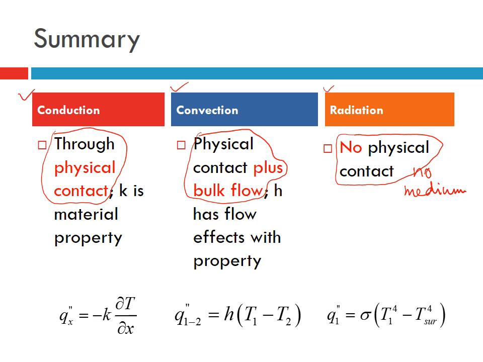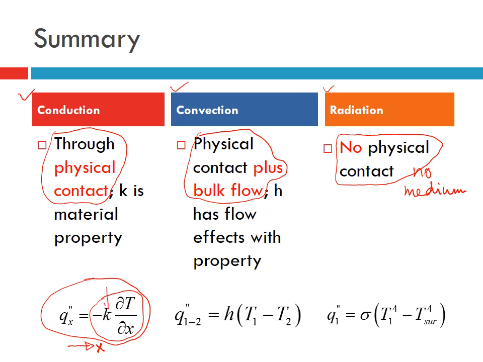Now the rate of heat transfer by conduction is given by Fourier's law. For each of these formulas that we will see, you can see three of them, they all have fluxes, and they have an implied direction. If you use this formula written as it is, minus k dT/dx, which is the way we would always use it, the heat flow is in the positive x direction.